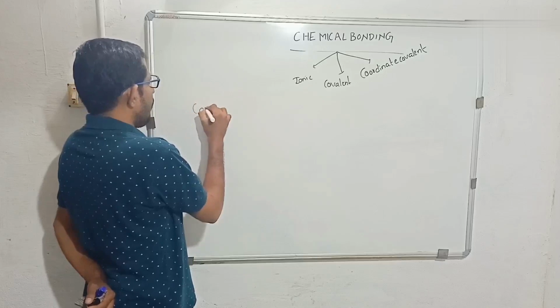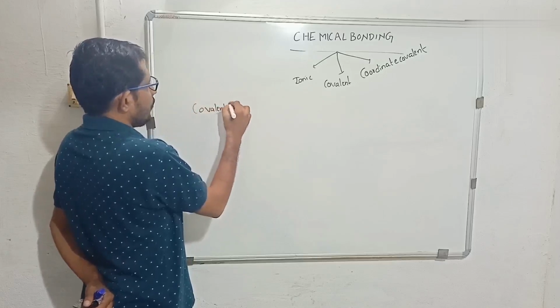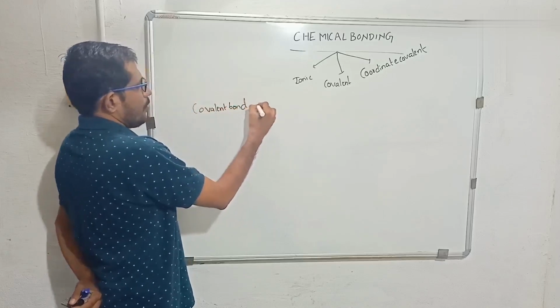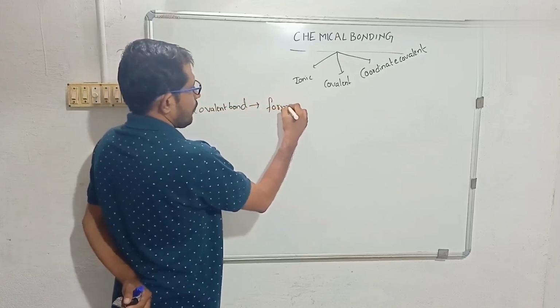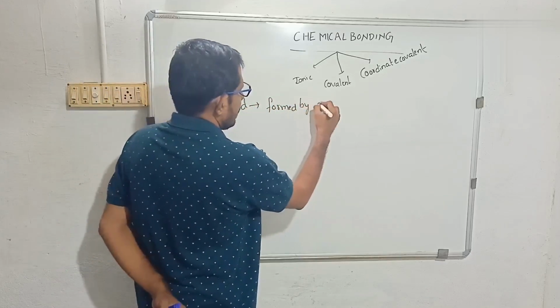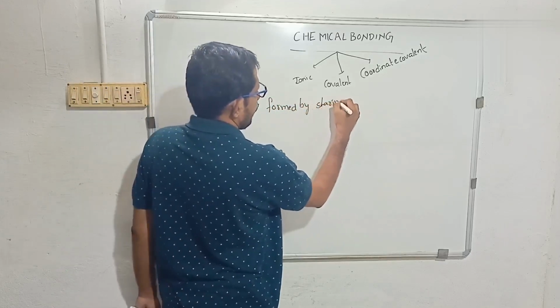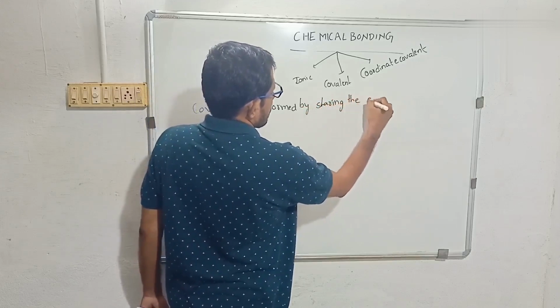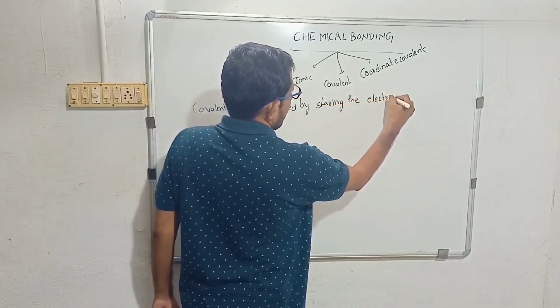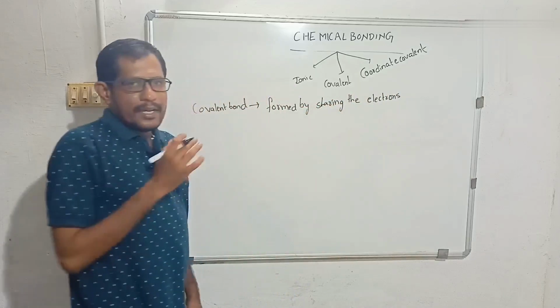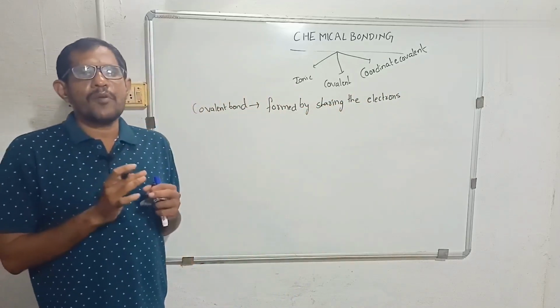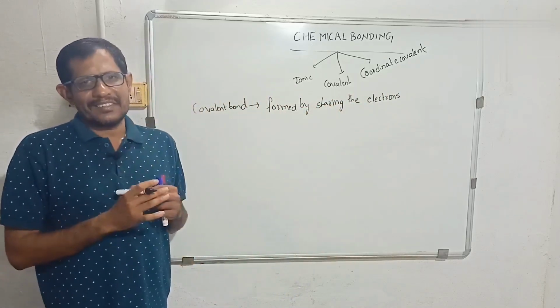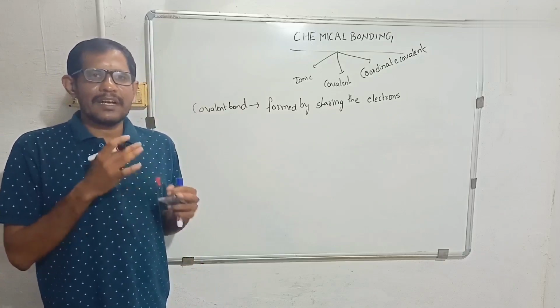Coming to the covalent bond: covalent bond is formed by sharing the electrons, right? Ionic bond is formed by the transfer of the electrons.